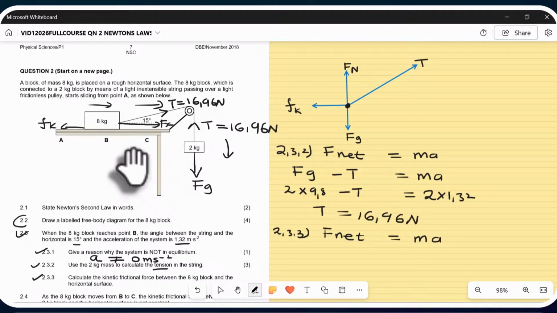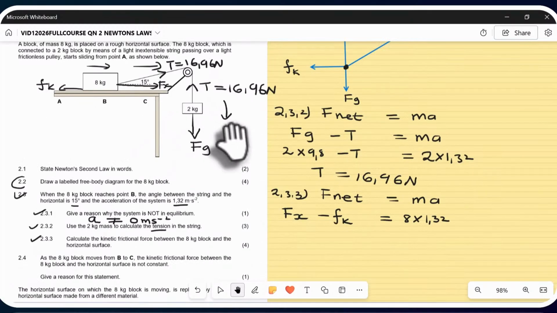Notice the same acceleration, 1,32. From here, our Fx is going to be 16,96 cos 15. Copy it together, guys. So 16,96 cos 15, minus the frictional force I'm looking for, Fk, equals 8 times 1,32.